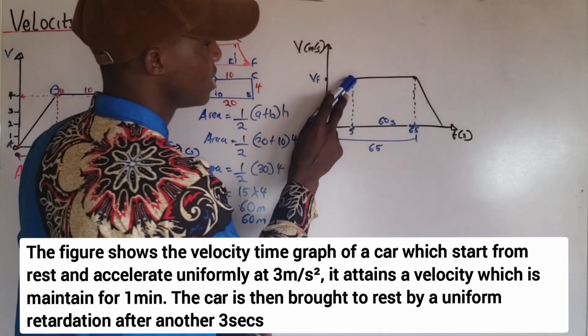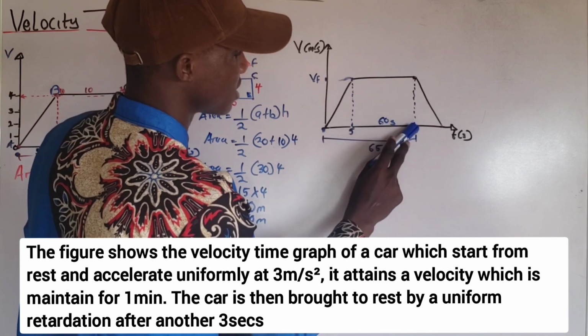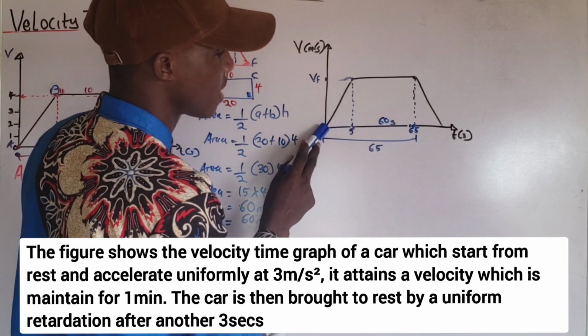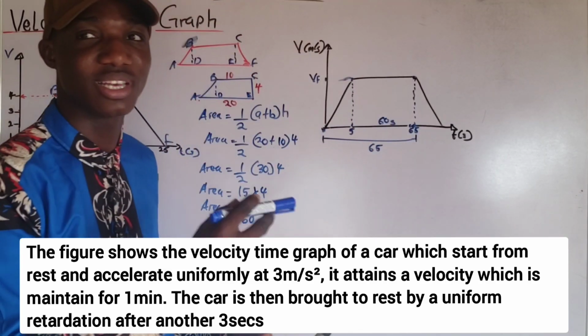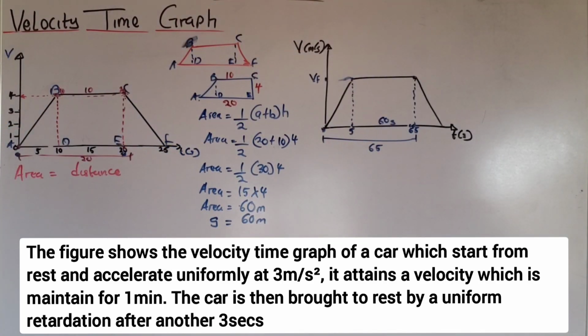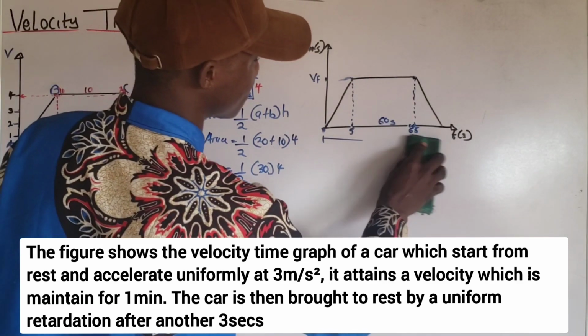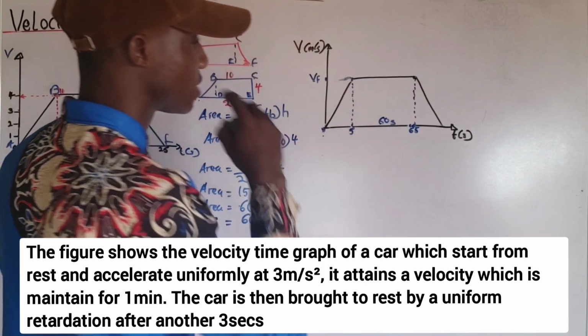So, from this point to this point is 60 seconds. And you know that from this point to this point is 5 seconds, that means that the total from this point to this point is what? 60 plus 5. That is 65 seconds. You understand? So let me erase this. Okay, so from this point to this point is 65 seconds.